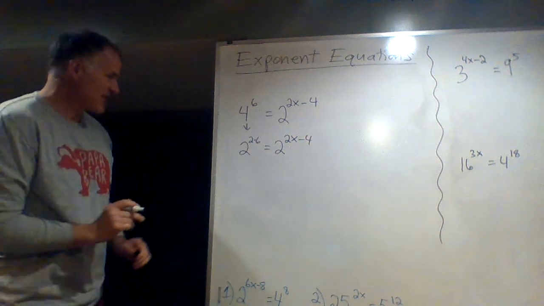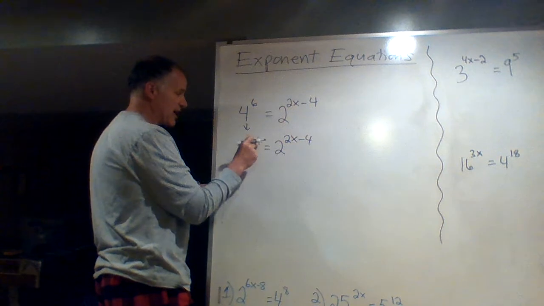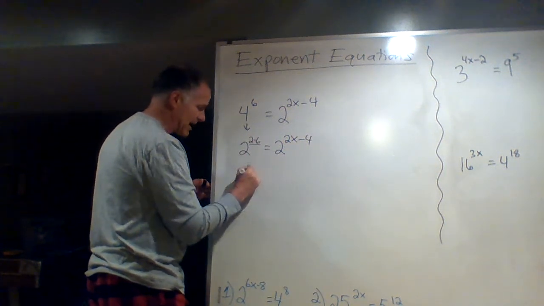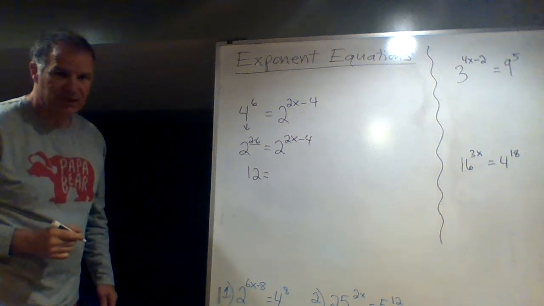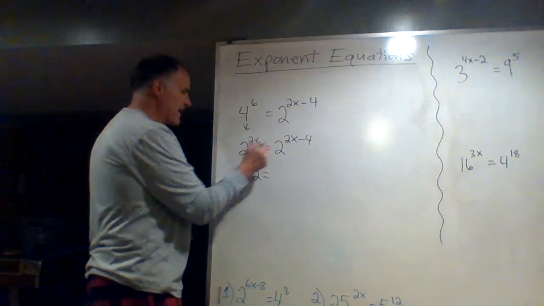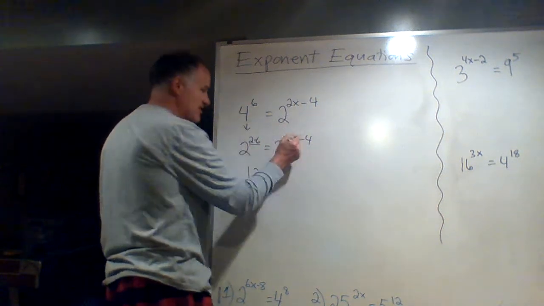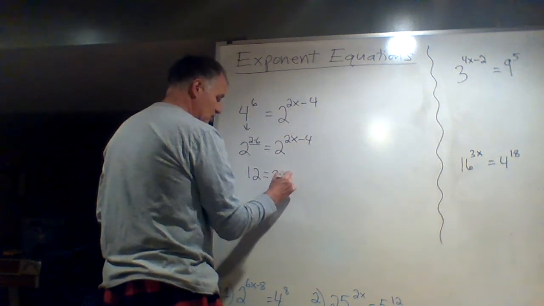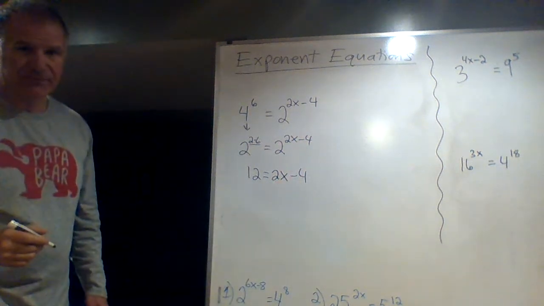So I can set these equal. I'm going to combine the 2 times 6 and make a 12. I'm taking away the bases now because they match. 2 times 6 made 12. Now this exponent, 2x minus 4, just comes down. See that?